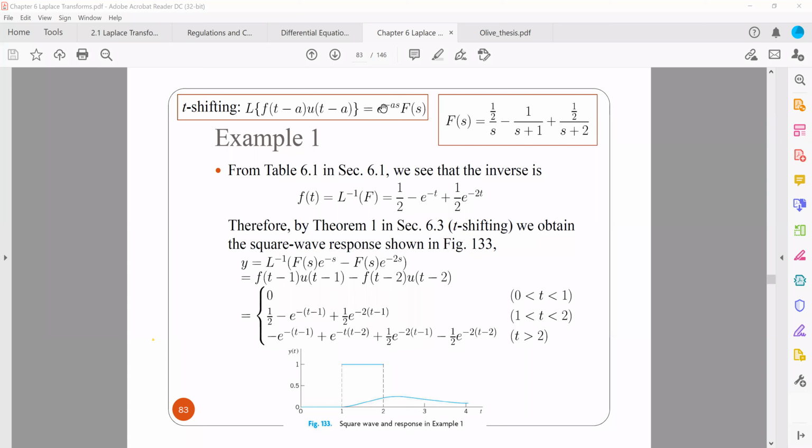So from here, we know that this translates to this. If I do the inverse transform, I should get f(t), a is 1 here, f(t minus 1) u(t minus 1). That's it. It only applies to this, yes.